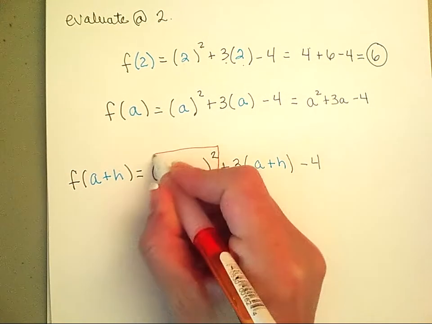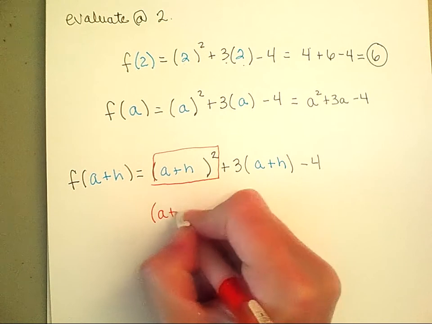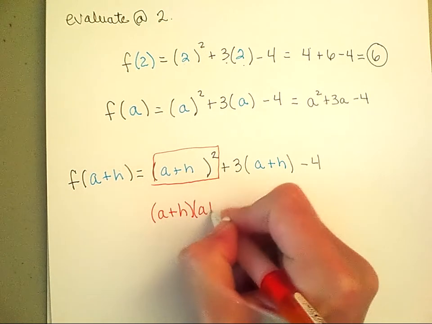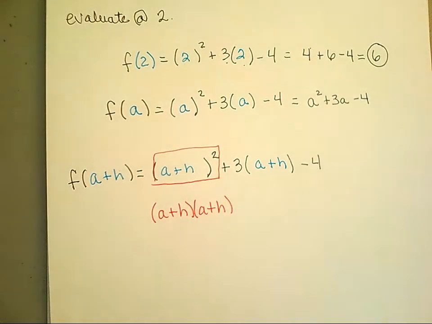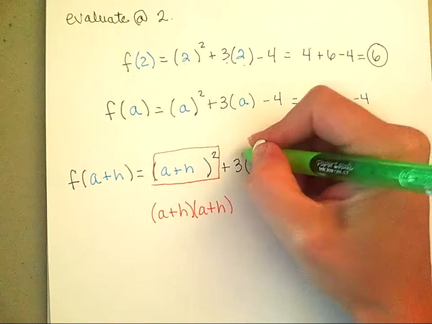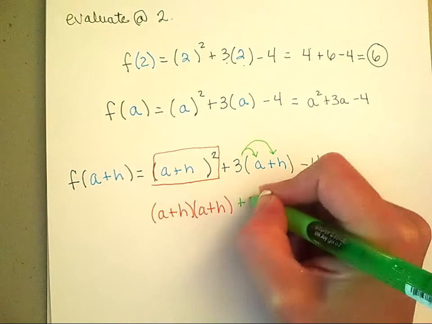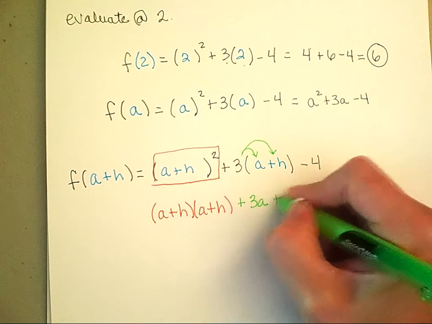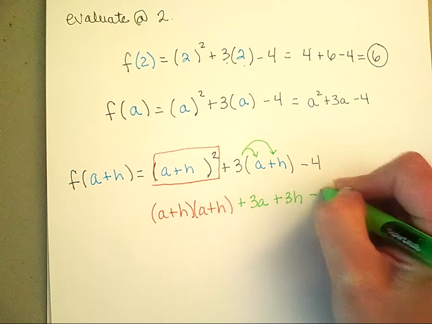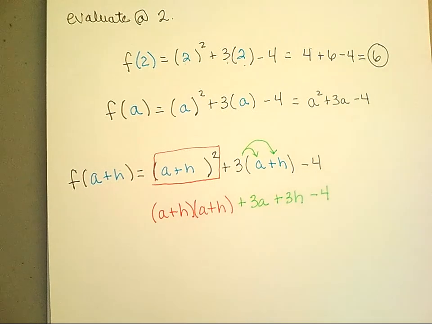Remember that this means a plus h times a plus h. And from here we could distribute this through. So we get 3a plus 3h, and then subtract 4.